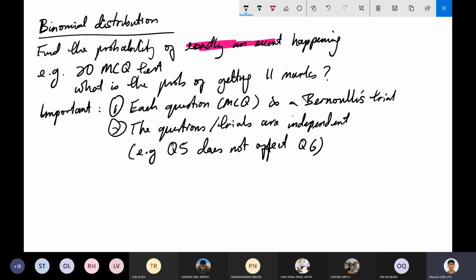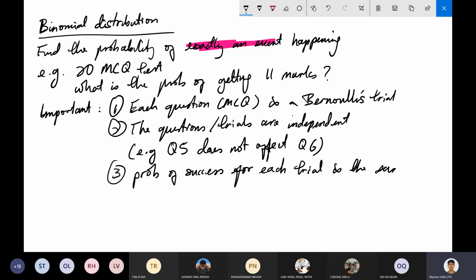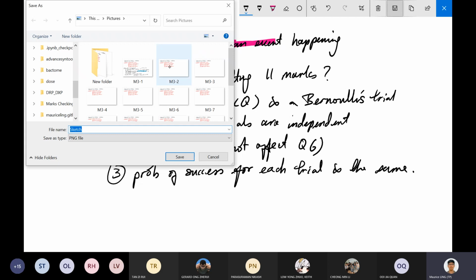So the trials must be independent. The third is that the probability of success for each trial is the same, which also means that the probability of failure for each trial is the same. So that you can use your binomial distribution. We have done that on Tuesday as well.